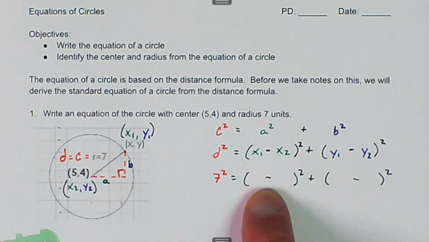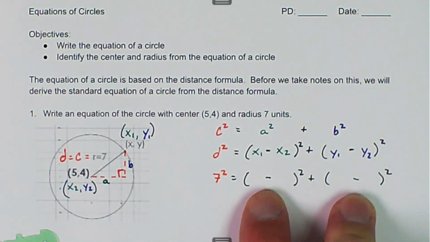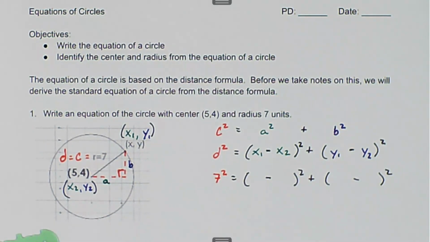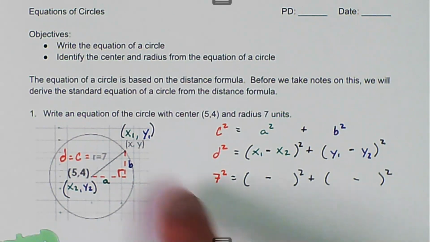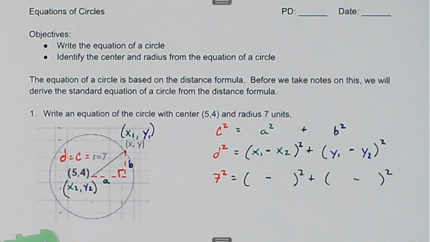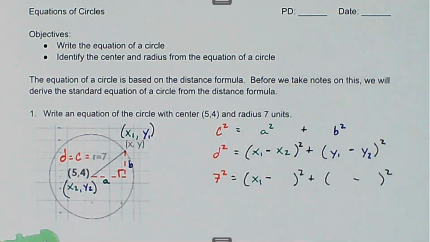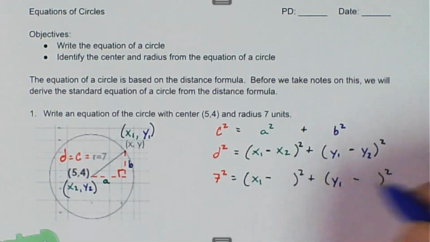So always the signs in the middle of the parentheses are subtraction, and the sign between the parentheses is addition. So x sub 1 is going to be the point on the circle right here, x sub 1, y sub 1. That's going to stay that variable there, x sub 1 and y sub 1.